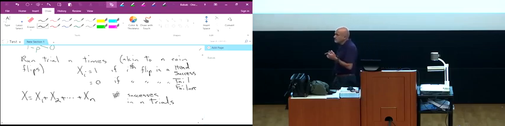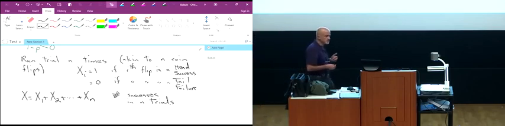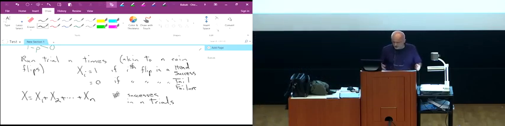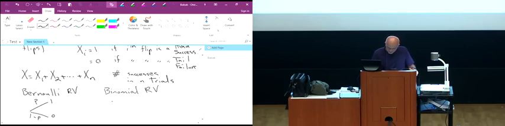So I'm introducing you to a bunch of important random variables that are associated with very common and fundamental random experiments and trials. So far we've got Bernoulli, which is simply 1 or 0 with probability p and 1 minus p. And this one is called a binomial random variable, which is a sum of Bernoullis.